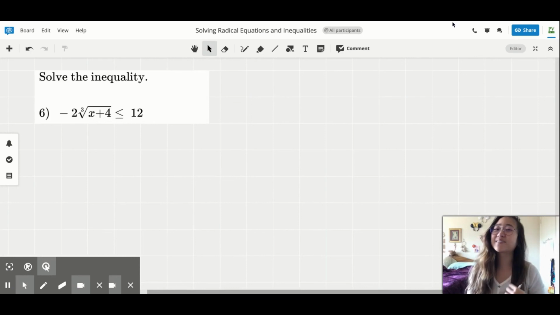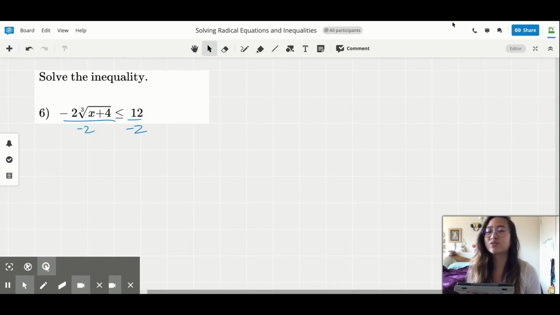And we finally made it to our last problem, our inequality number 6. So same idea in mind. Our goal is to isolate the cube root in this case and solve for x. So we can do that by dividing both sides by negative 2. But remember that since we're dealing with an inequality, anytime we multiply or divide by a negative, we have to flip the sign.